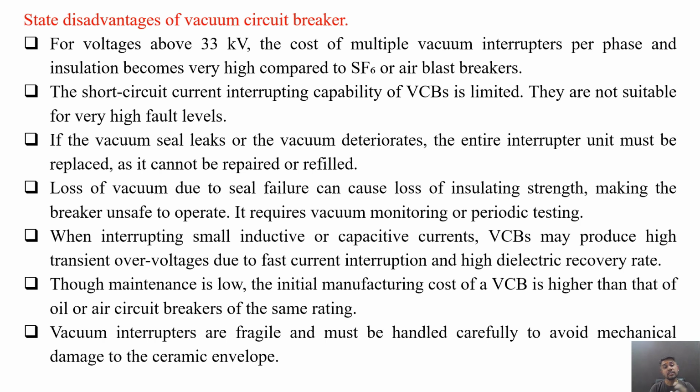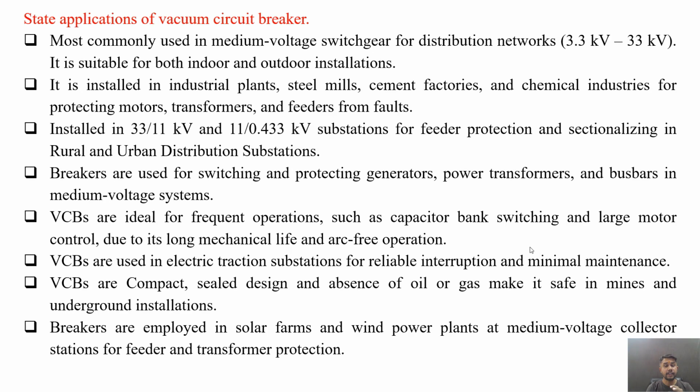Though maintenance is low, the initial manufacturing cost of a VCB is higher than that of oil or air circuit breakers of the same rating. Vacuum interrupters are fragile and must be handled carefully to avoid mechanical damage to the ceramic envelope. So these are several disadvantages of vacuum circuit breaker.